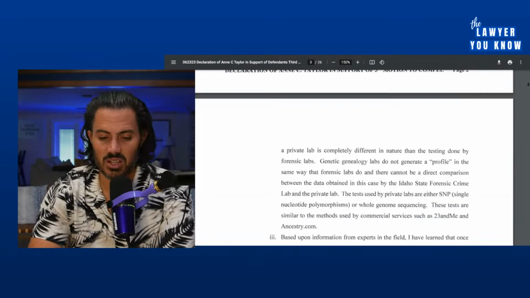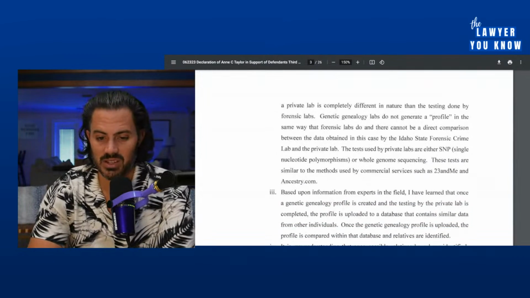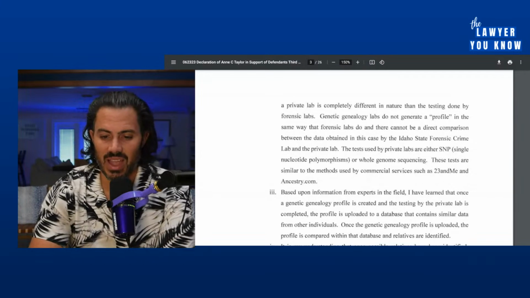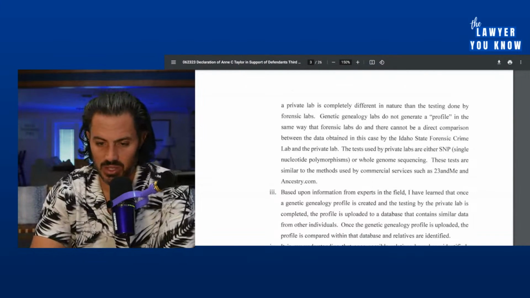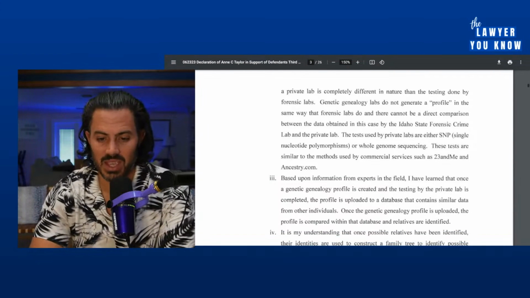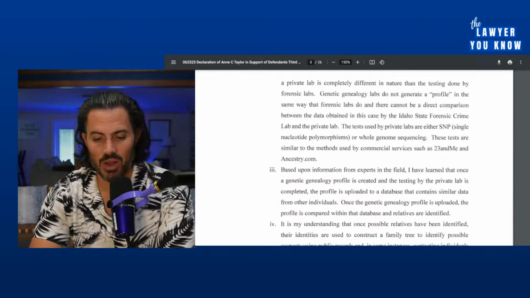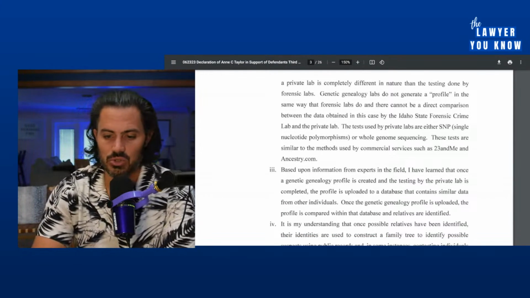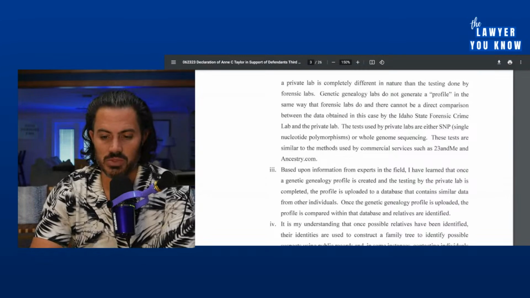The testing conducted by the private lab is completely different in nature than the testing done by forensic labs. Genetic genealogy labs do not generate a profile in the same way that a forensic lab does. And there cannot be a direct comparison between the data obtained, in this case by the Idaho State Forensic Crime Lab, and the private lab. The tests used by private labs are either SNP, single nucleotide polymorphisms, or whole genome sequencing.